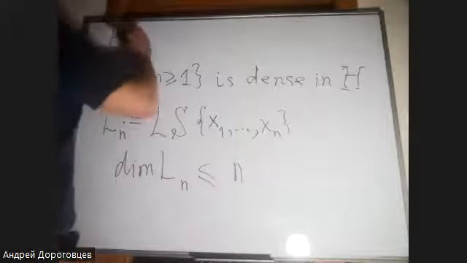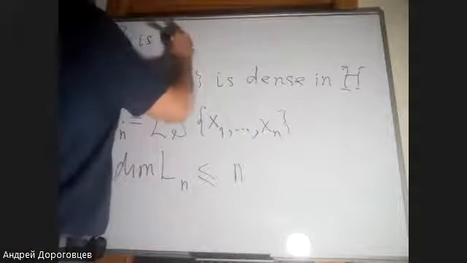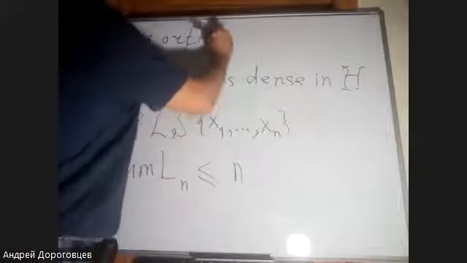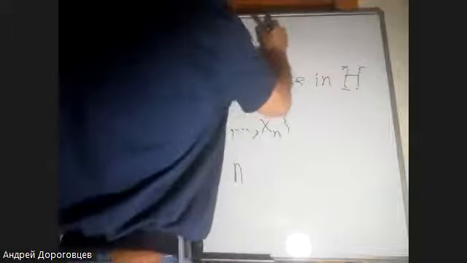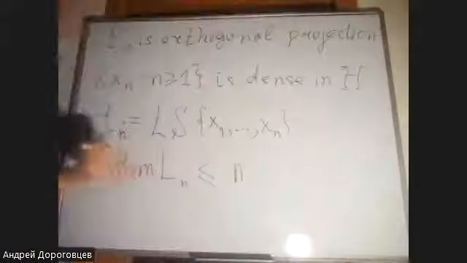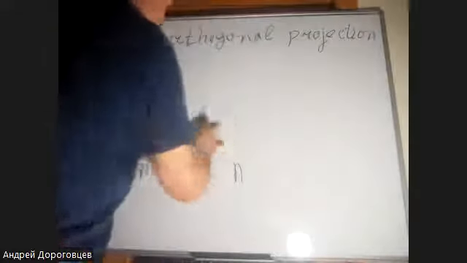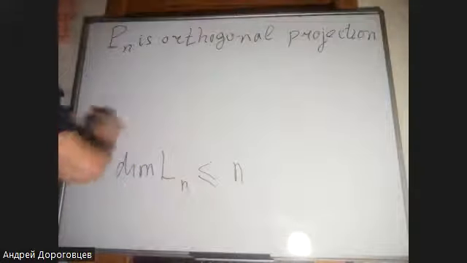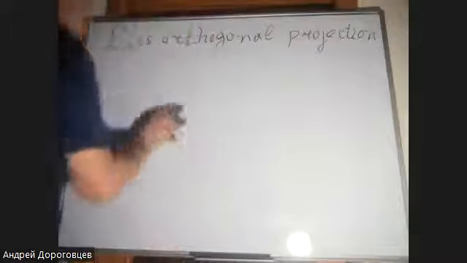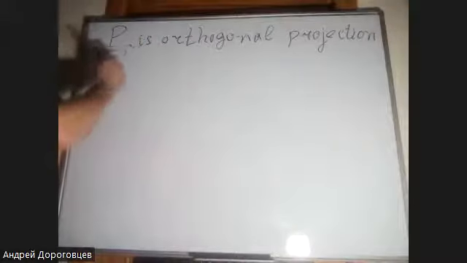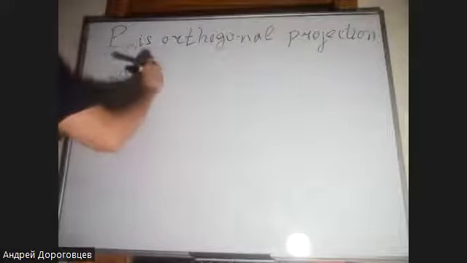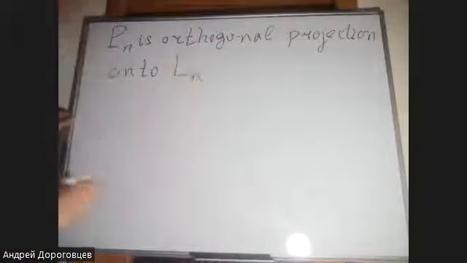So P_n is the orthogonal projection onto L_n. What can I claim?